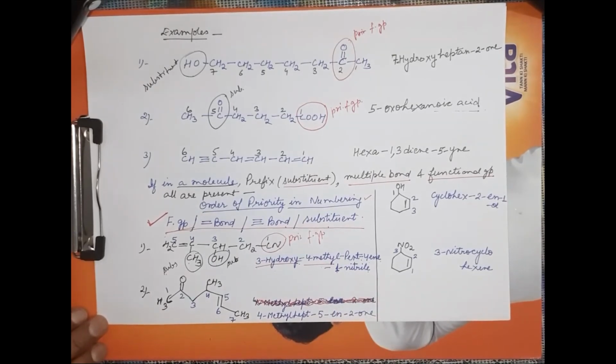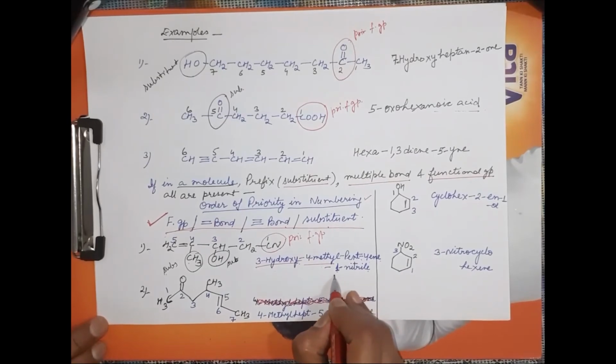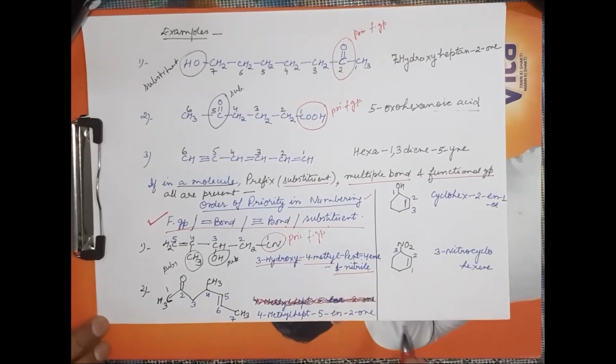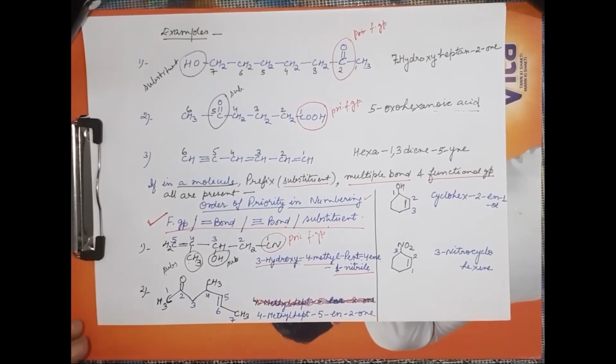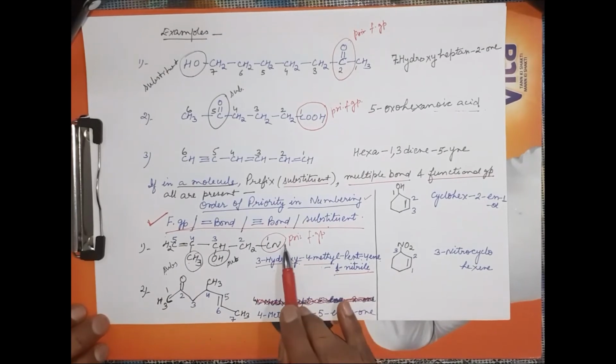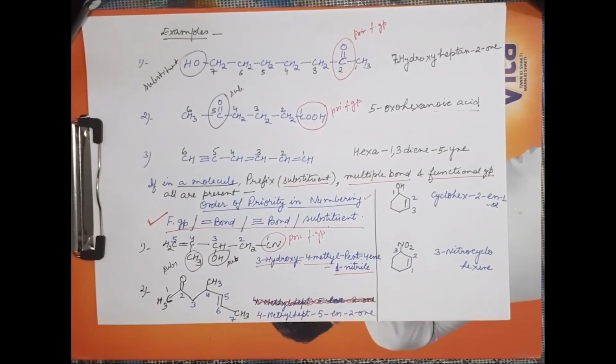When CN group is present as the principal functional group, nitrile is added as the secondary suffix. Again I will repeat: 3-hydroxy, 4-methyl, pent-4-ene, 1-nitrile. So this will be the name.